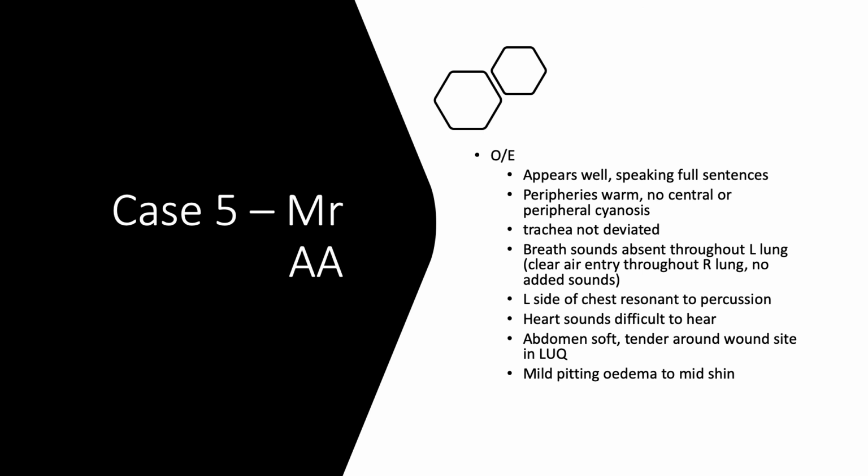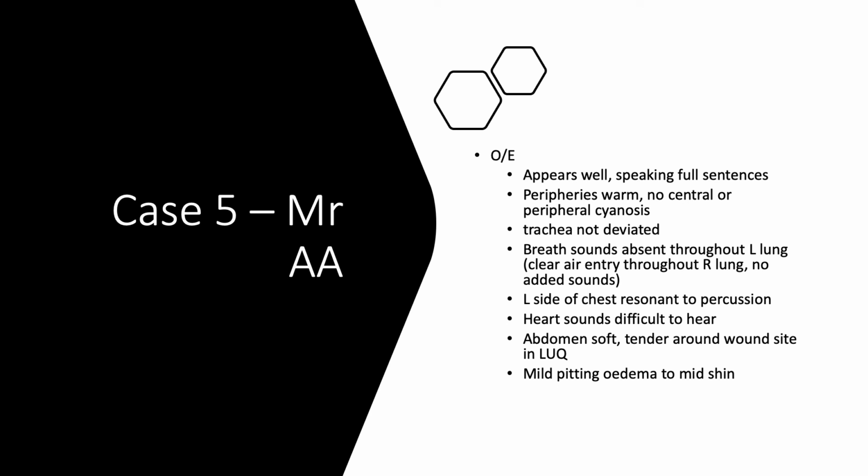His trachea is not deviated, but you listen to his chest and you find some breath sounds are present in the right lung, but completely absent throughout the left lung. And percuss and find that the left side of the chest is resonant to percussion. And heart sounds are a bit muffled and difficult to hear.